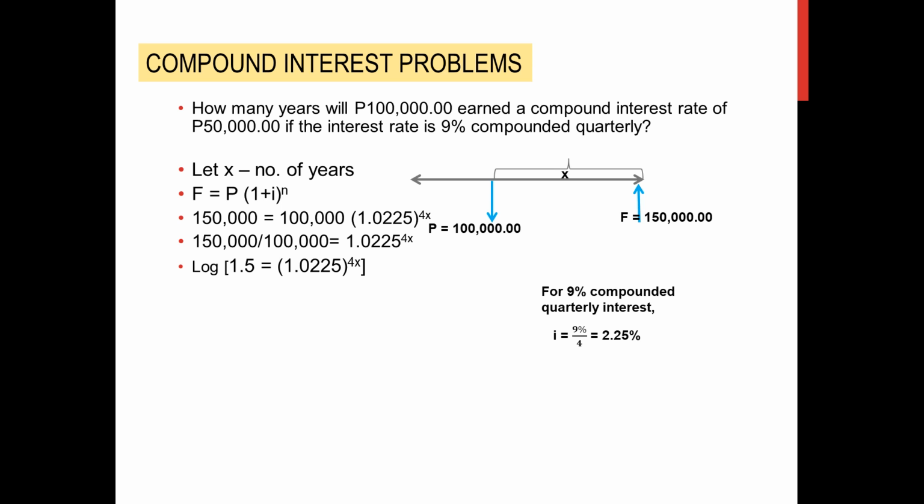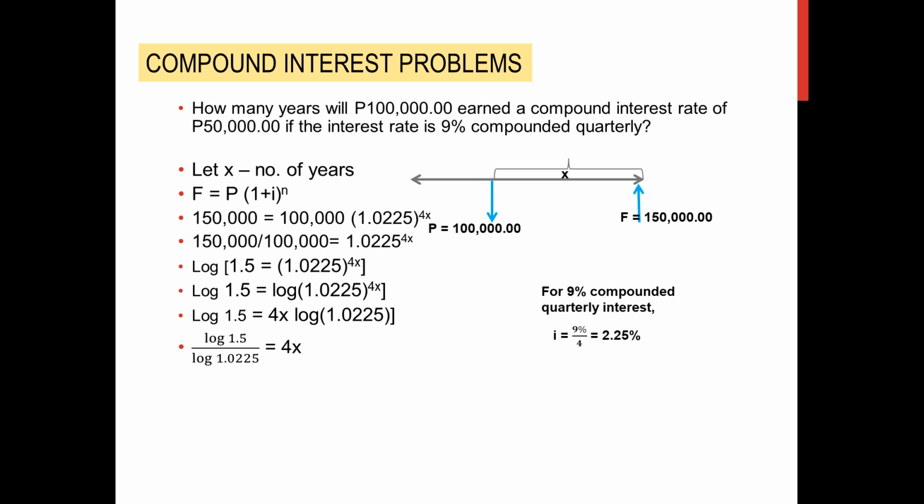So this time we are going to take the log of both sides of the equation so that we can bring down 4x. Then we perform the quotient of the two logarithm functions, and then divide both sides by 4 so that we can get the value of x. That will be equal to 4.56 years.